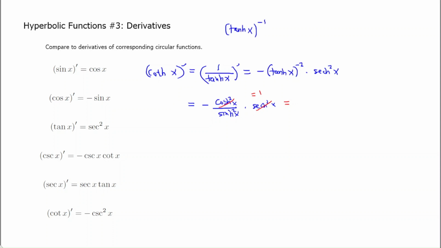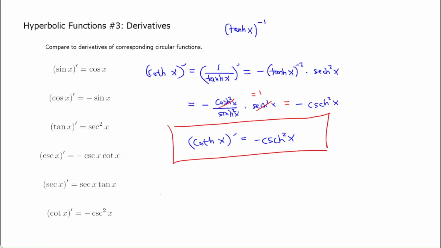What I have here is negative, and then 1 over the sinh squared, which is hyperbolic cosecant squared. So the derivative of hyperbolic cotangent equals minus hyperbolic cosecant squared, which is exactly the same as our trig version, both containing that minus sign.